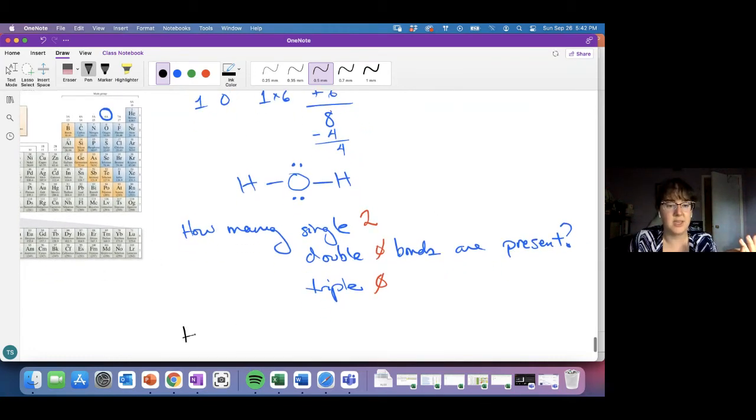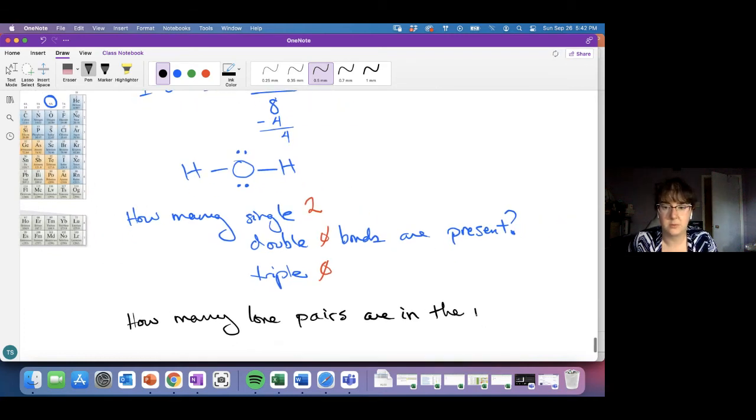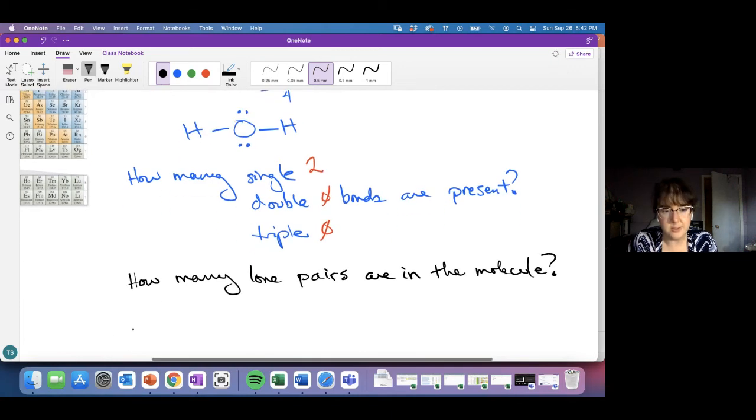Likewise, I could ask things like how many lone pairs. And do be careful with some of these, because for water, it does not matter. I could ask how many lone pairs are in the molecule. But I could also ask something that is really similar but different.